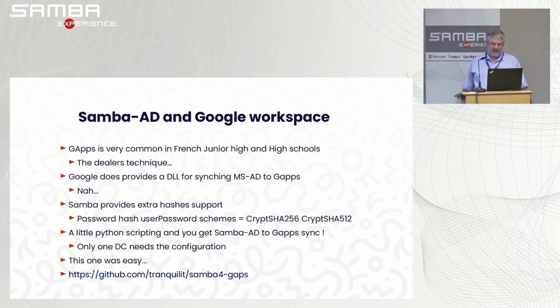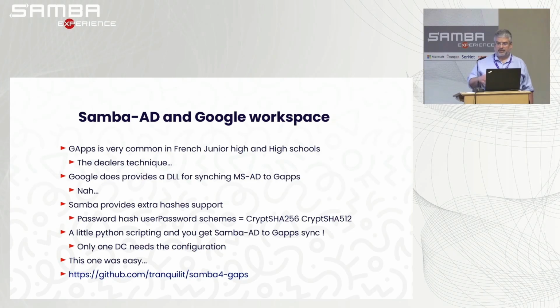What's cool is that Samba provides extra hashes. When you change the password, you can have a crypt SHA-256 and SHA-512, and that's what Google wants for its password hashes. So just a little bit of Python scripting, and it works.